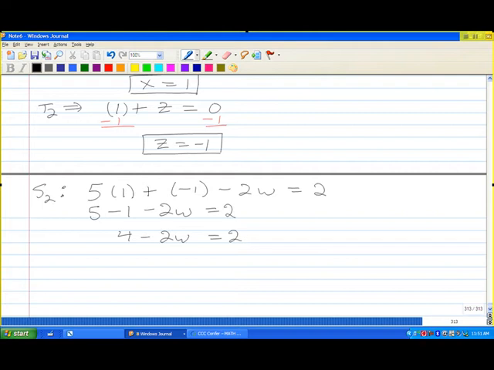Subtract 4 from both sides of your equation. Negative 2w equals -2. Divide by -2. W equals 1.